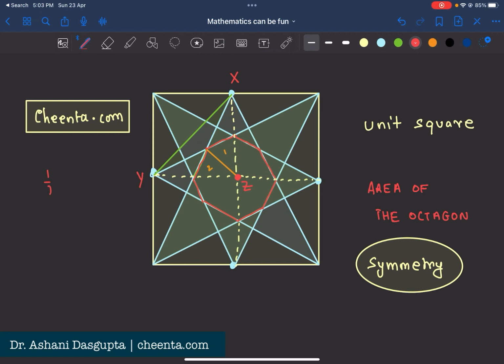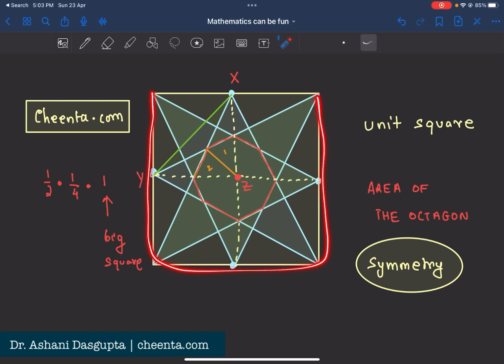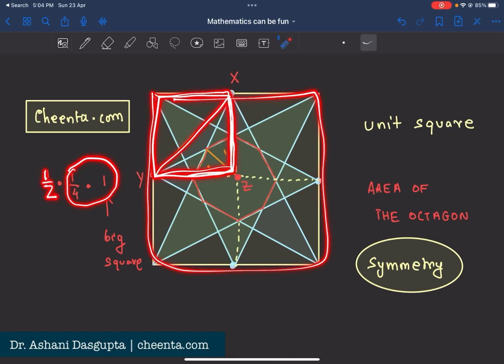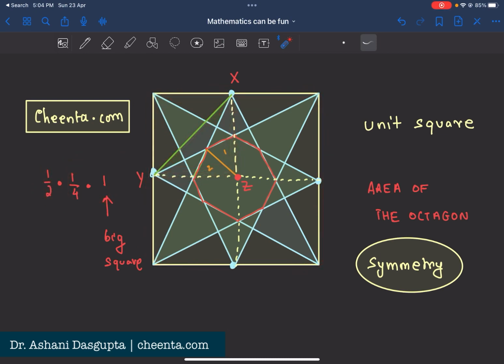So this is the area of the big square. 1/4 of that is the area of the little square. And half of that is the area of this triangle. Right? Okay, that's fine.